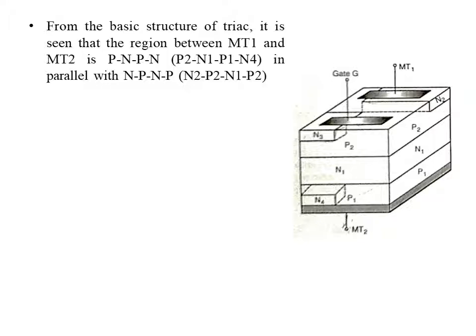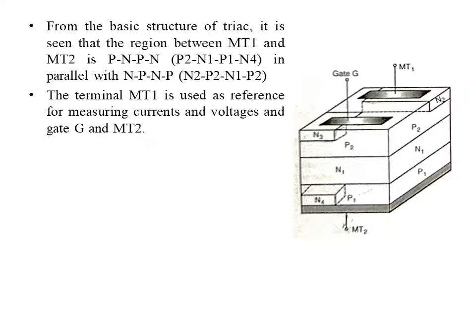So P2, N1, P1 and N4 is one SCR, N2, P2, N1, P2 is the second SCR, which are connected in parallel with each other. The terminal MT1 is used as a reference for measuring currents and voltages, and gate G and main terminal 2, that is MT2.